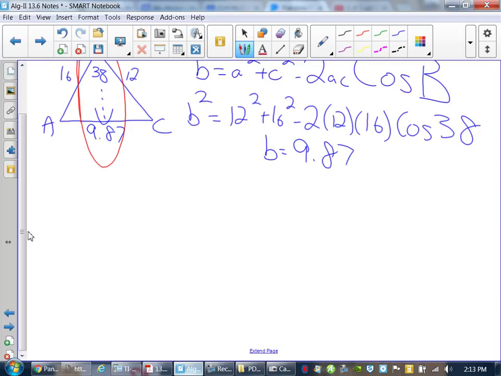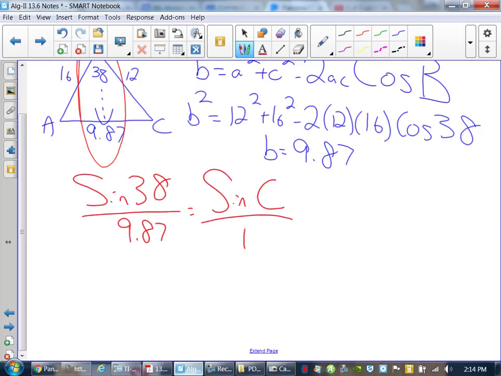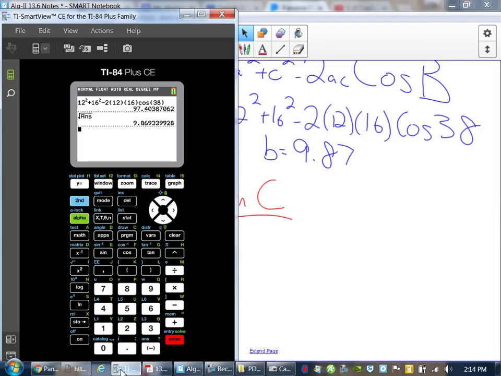So I do my law of sines. The sine of 38 is to 9.87, as the sine of C is to 16. Which means, what do I have to do with that 16 right away? I just put it in right away. By now, you guys have probably seen a couple of these shortcuts that you can kind of get away with.